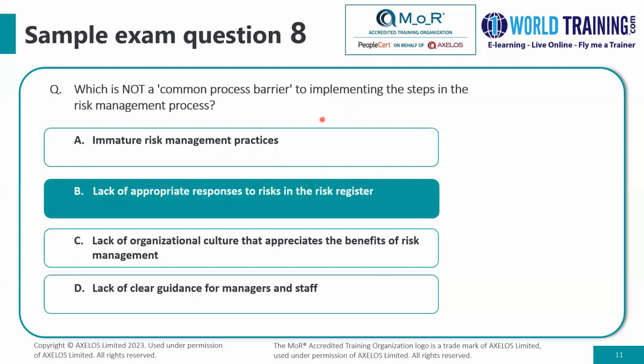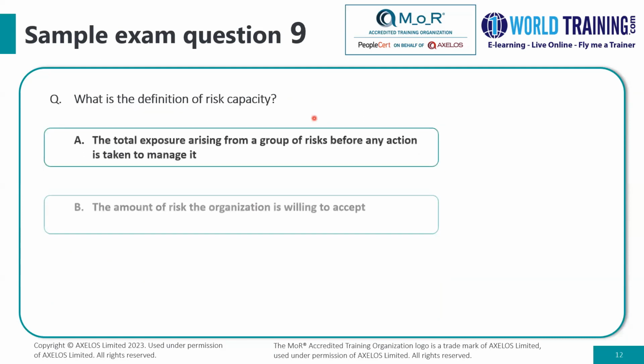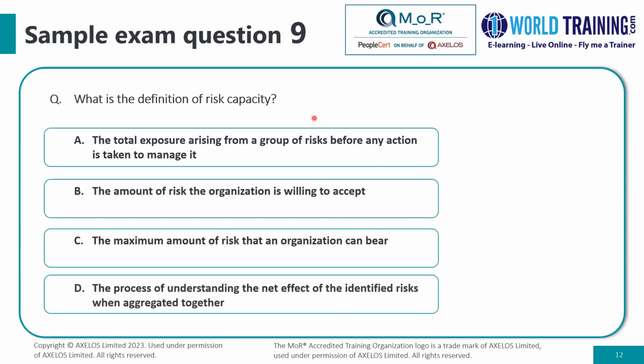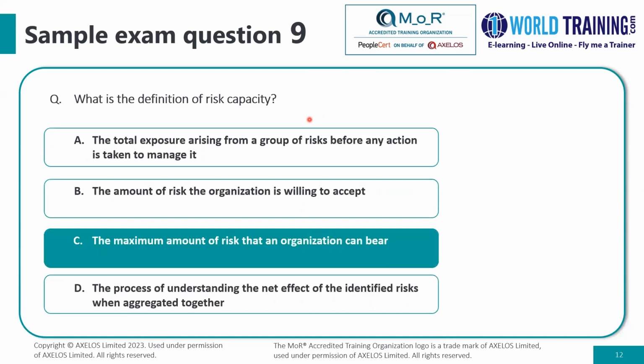Not having an appropriate response may mean that the risk is tolerated. It is not a barrier to implementing the MoR process steps. Question number 9, what is the definition of risk capacity? The answer is C, the maximum amount of risk that an organization can bear.